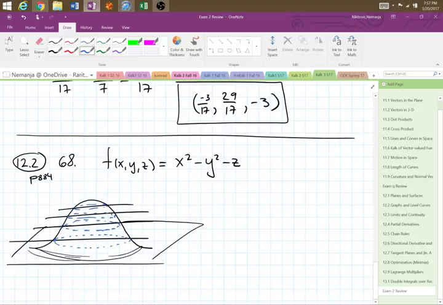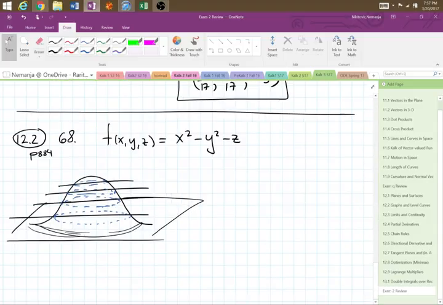For this particular picture, we get circles in this case. All right, so let's see what we get as we plug in.